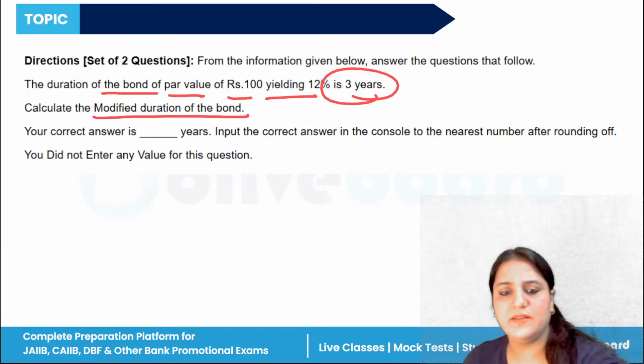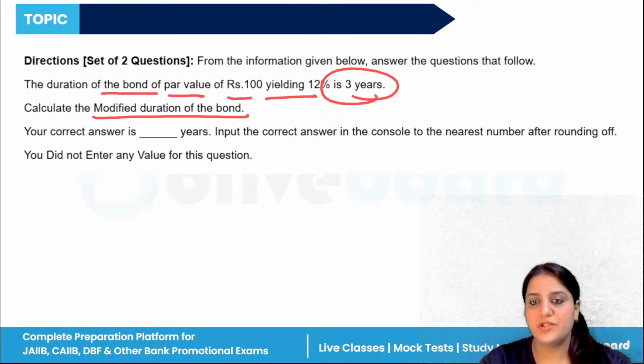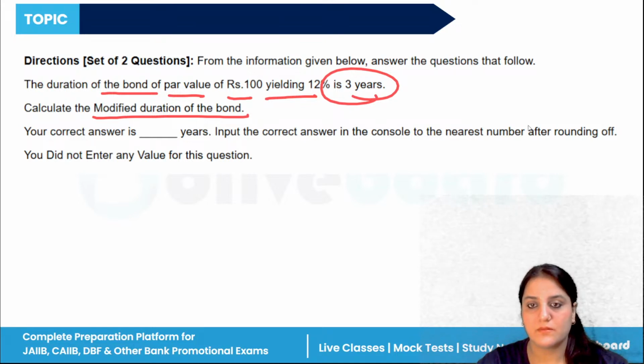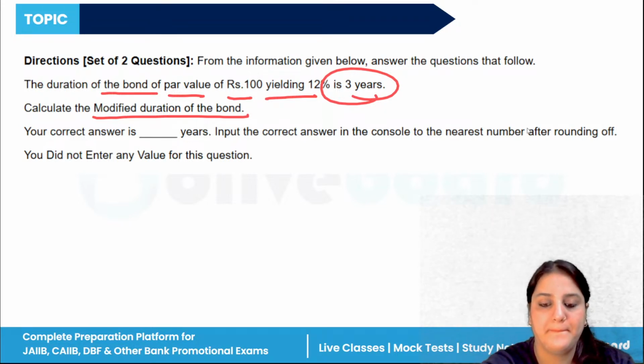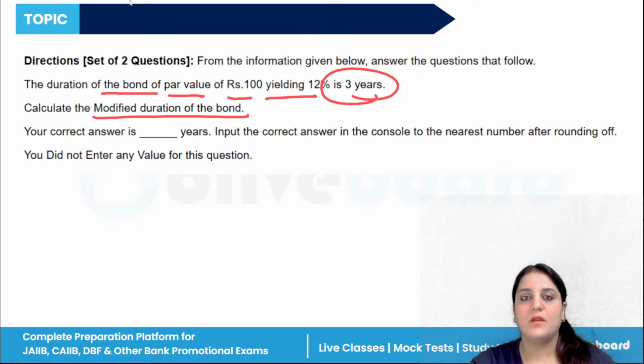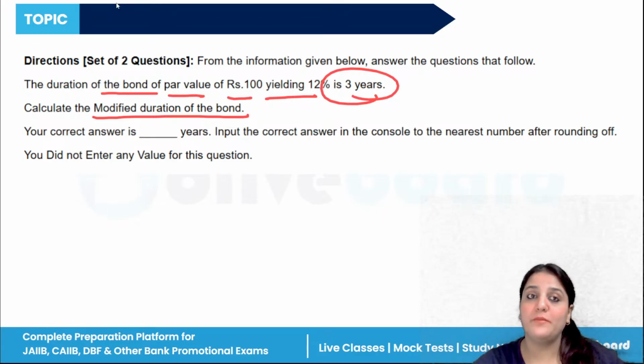So we can easily find this type of question. Just try to put the formula in this and then calculate it.